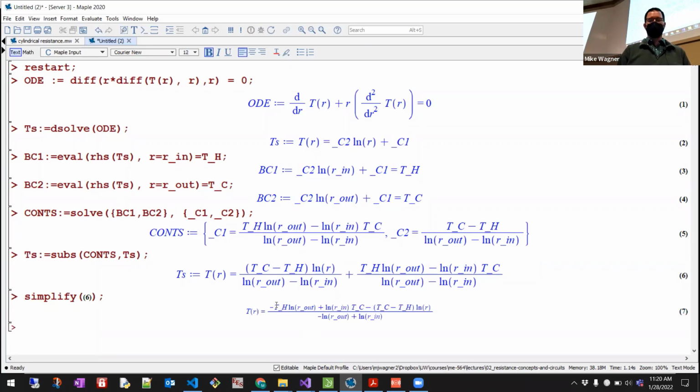If we do that, it changed it slightly. It's not really that much of a simplification, but it helped a little bit. So now we have our solution, right? You could just copy it and paste it right into EES if you wanted to solve or evaluate it there. But this is generally a pretty useful workflow.